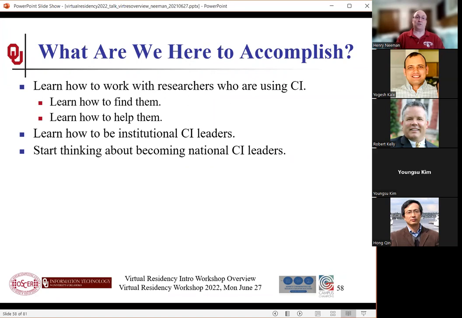What are we here to accomplish? We're here to learn how to work with researchers who are using cyber infrastructure, how to find them, how to help them. Ultimately, my evil secret plan is to turn CI facilitators into CI leaders, first at their own institution, and then at the national level, and in fact, at the international level as well.